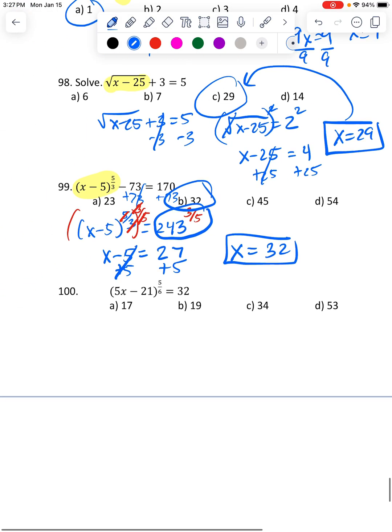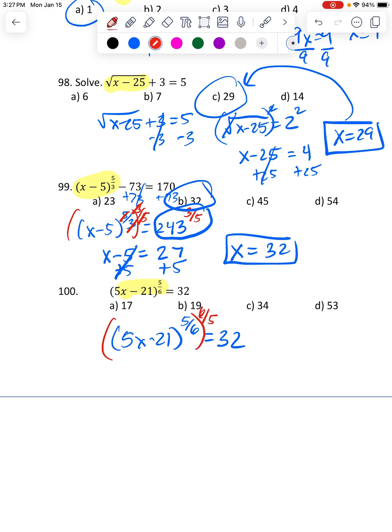All right, grand finale for the whole semester, yay. So in this case, the thing that's tricky is that power again, no surprise, but that power is a 5 over 6. I don't have anything else to get rid of, so I can just start by getting rid of that power. I use the reciprocal, 6 over 5, cancels all out.